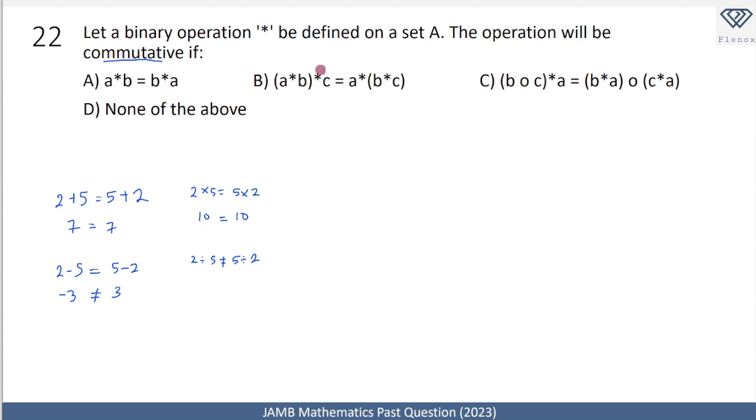That was an example using addition, subtraction, multiplication and division, but in general, a binary operation star is commutative if changing the order gives the same result. That means A star B is equal to B star A. So that makes A the correct option.